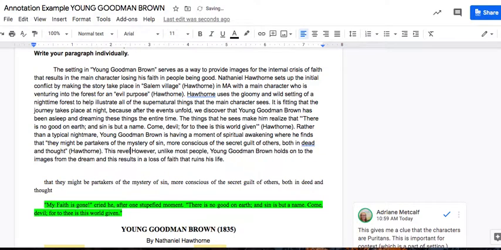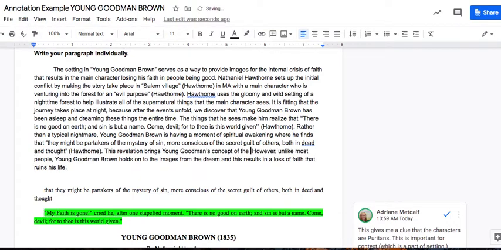This revelation, this thing that he learns, brings young Goodman Brown's concept of the world crashing down.